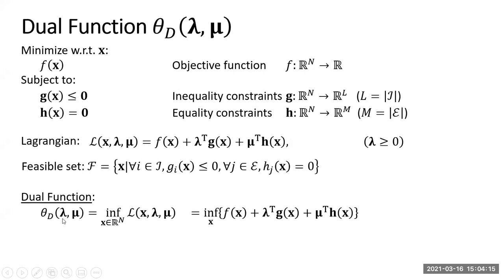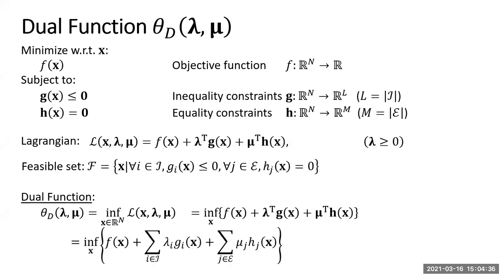The dual function is a function of the dual variables, lambda and mu, which is equal to the infimum with respect to x of f of x plus lambda transpose g of x plus mu transpose h of x. And in terms of scalars, it's equal to f of x plus summation lambda i g i of x plus summation mu j h j of x.